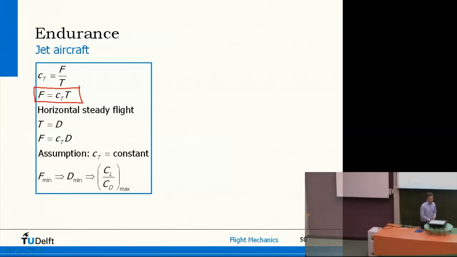Now we know thrust is equal to drag, so fuel flow is some kind of a parameter CT multiplied with drag. If we assume CT is more or less constant for a given engine, then to have minimum fuel flow, we need minimum aerodynamic drag and we need this maximum lift over drag ratio.